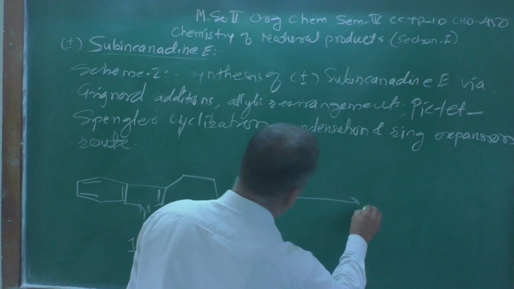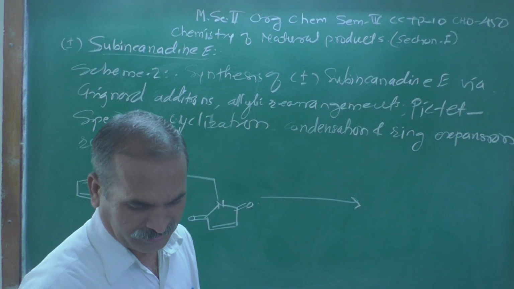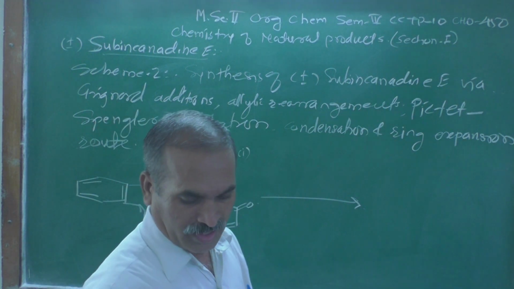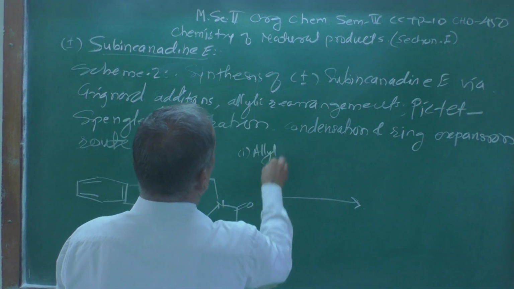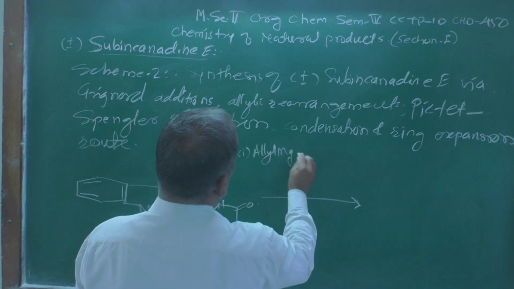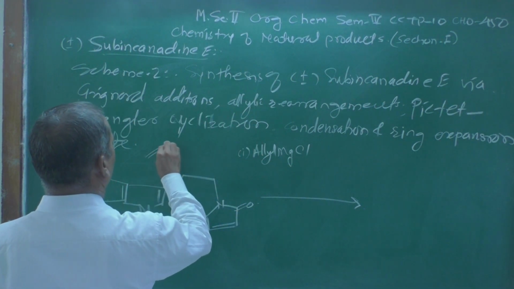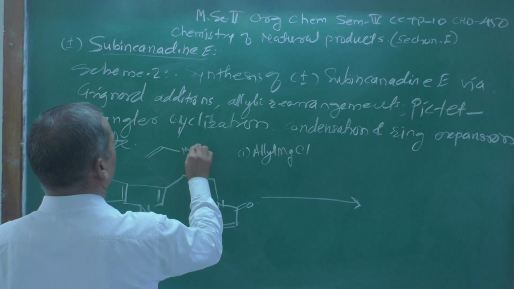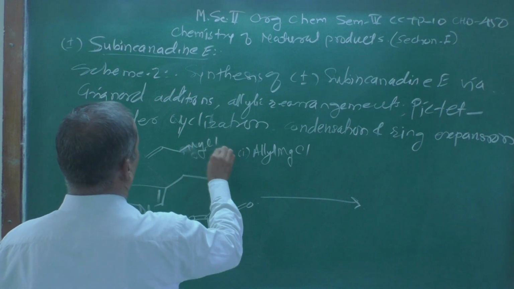Let's see the different reagents and the reaction conditions. The first reagent added here is allyl magnesium chloride. Allyl magnesium chloride means here a double bond, then CH2, and here MgCl.